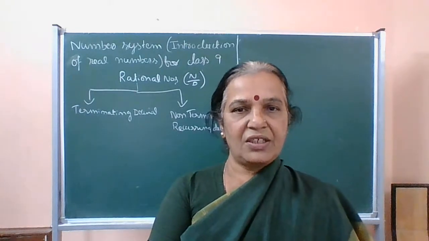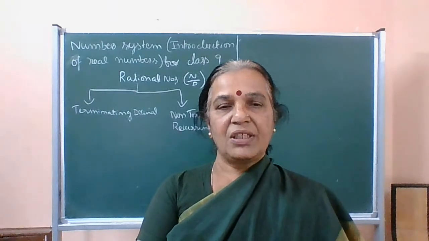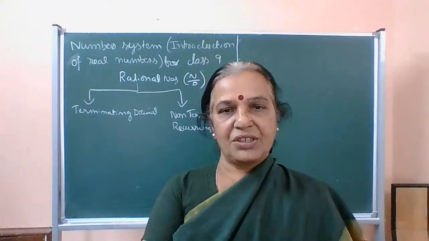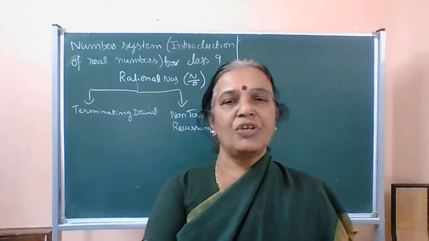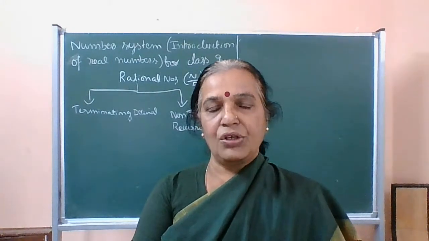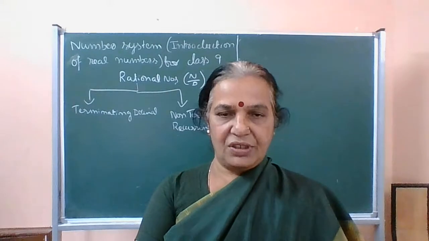In 7th standard, you have learnt about rational numbers. A rational number is one which can be written in the form p by q, where q is not equal to 0.